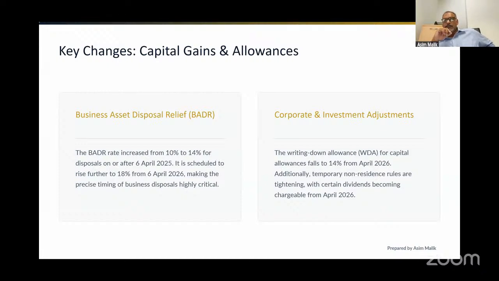You sell your house in Pakistan, you sell your house in UK, it's the same thing. The only difference is if you're selling a residential house or residential dwelling in UK, not commercial property, then you have to report that gain and pay the tax within 60 days. So that's the additional requirement for you.